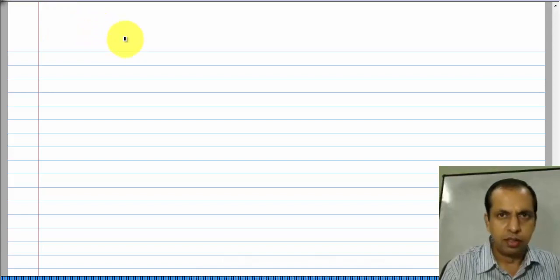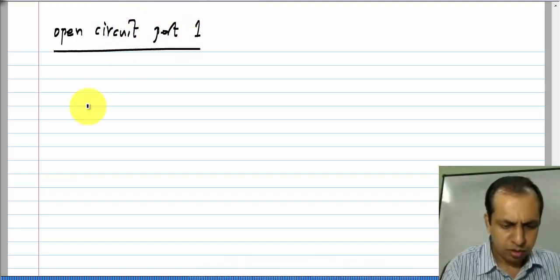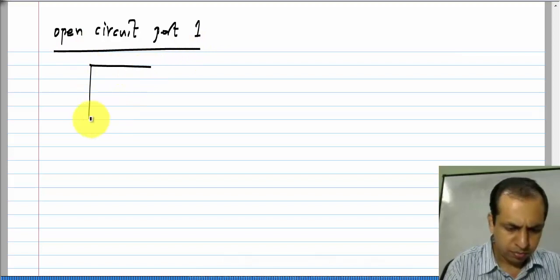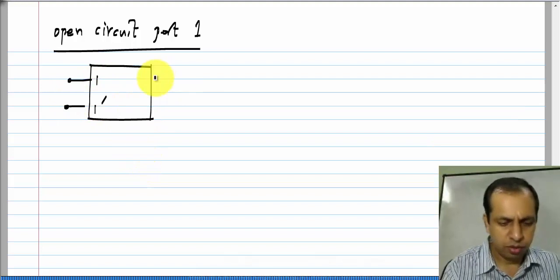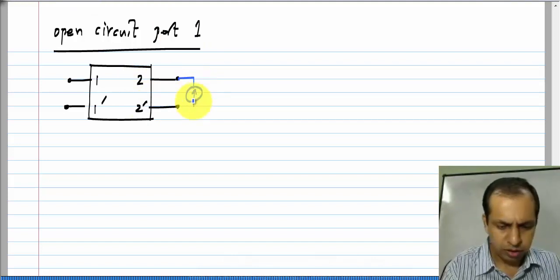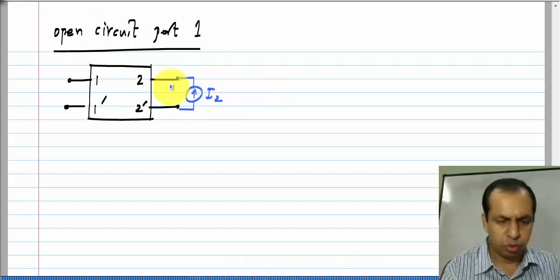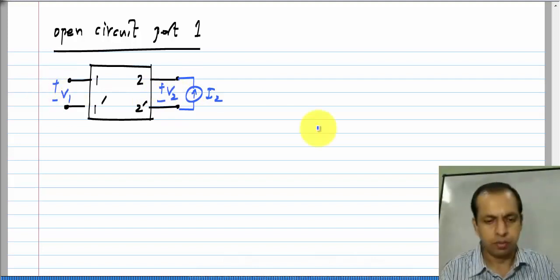For measuring Z 12 and Z 22, open circuit port number 1, that is you do not connect anything to port 1, you connect I 2 to port 2 and measure both V 2 and V 1.